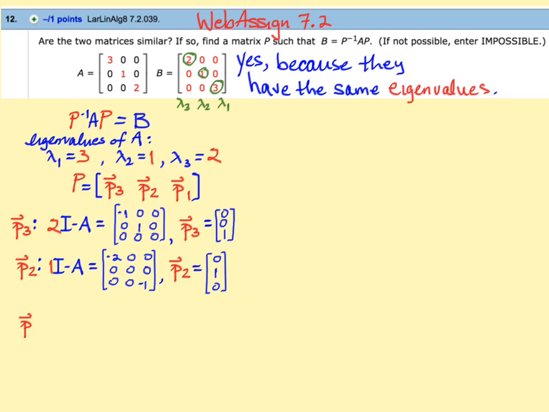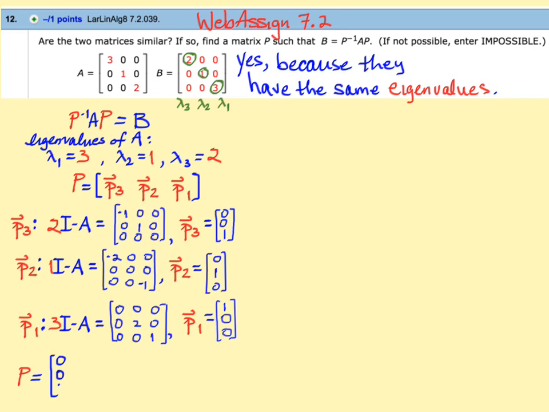And the final one is P1, which is the null space of lambda 1 I minus A. Lambda 1 was 3, so 3I minus A is this matrix. And P1 is then 1, 0, 0. Great. So that means that P is going to be P3, P2, P1 all lined up.